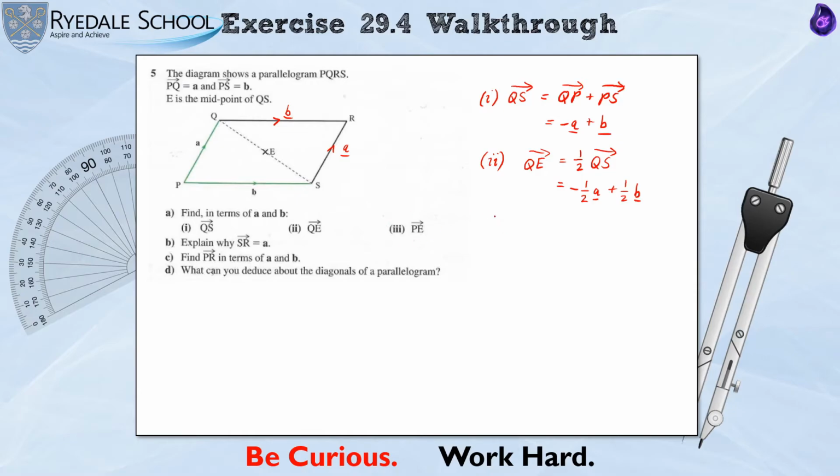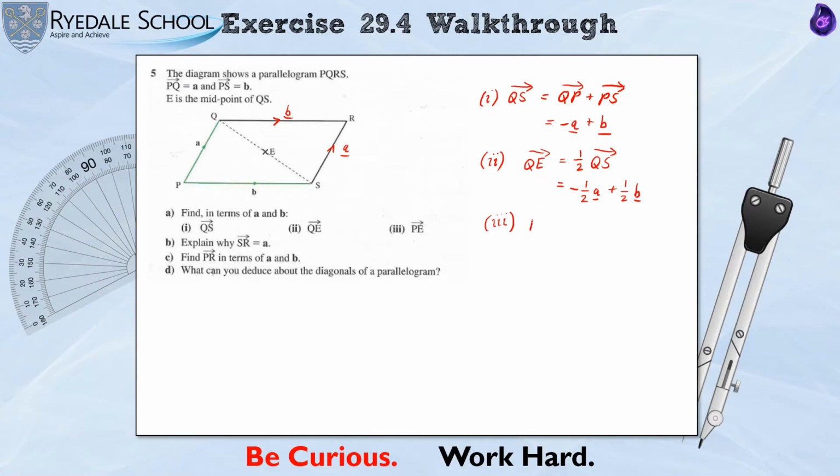Finally, we're asked to do PE. And PE is across from there to there. So plan your route from P to E. Well, we can go from P to Q and then Q to E. Why am I going that way? Well, because I've already defined those vectors that I can use.